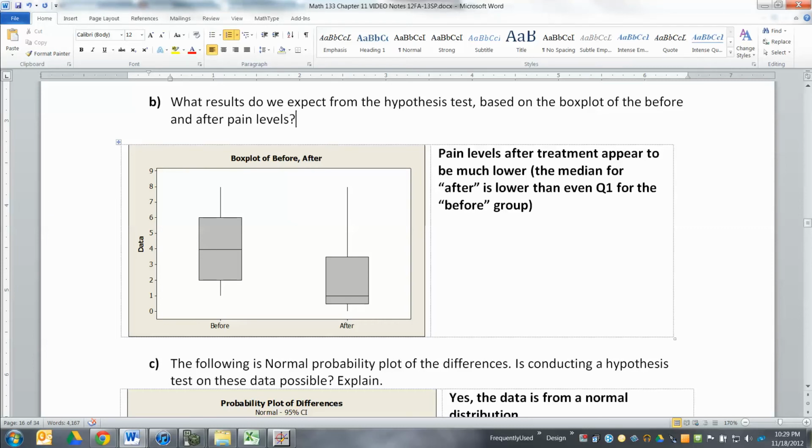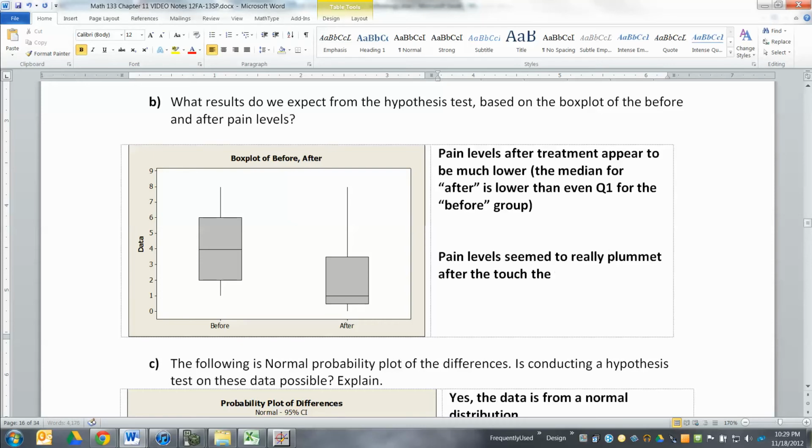So the pain levels seem to really plummet after the touch therapy. So we expect to reject the null hypothesis. Now, we don't know if that's true or not, but that's what we're expecting.